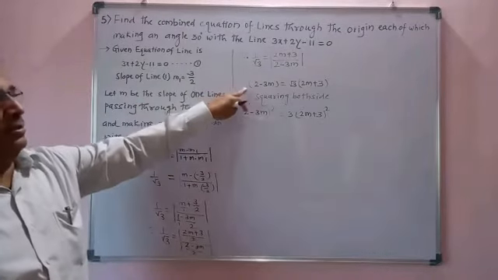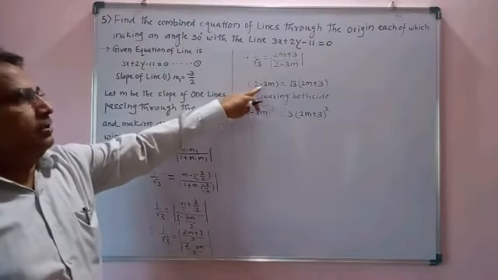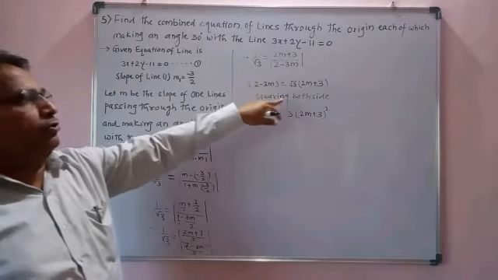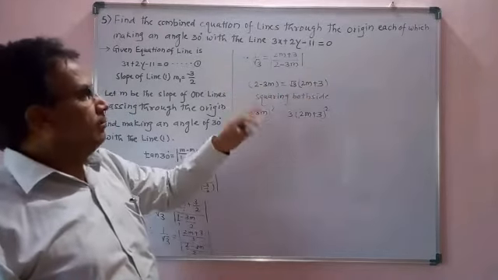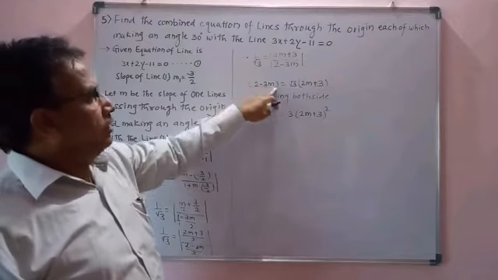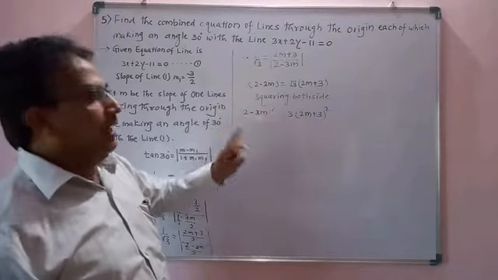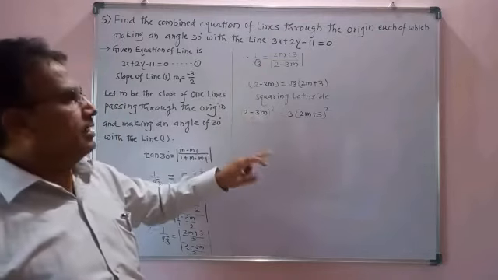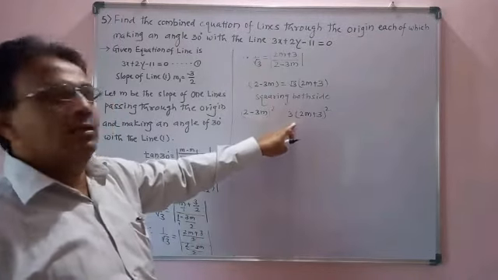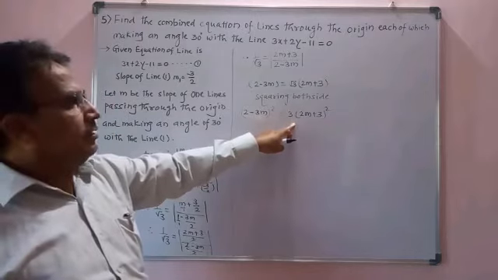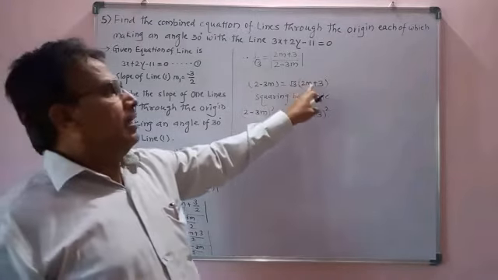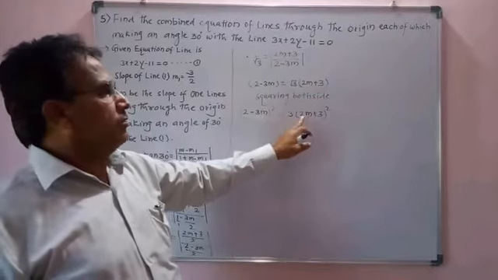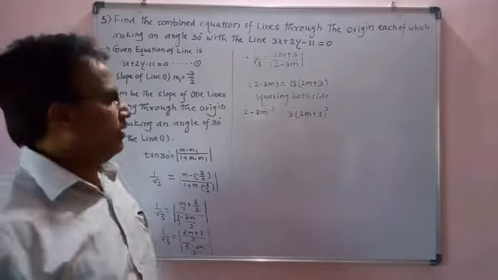So 2 minus 3m bracket square equals 3 into 2m plus 3 bracket square.